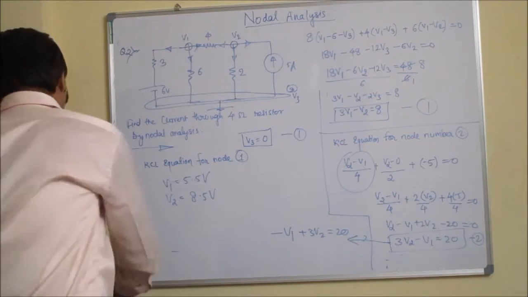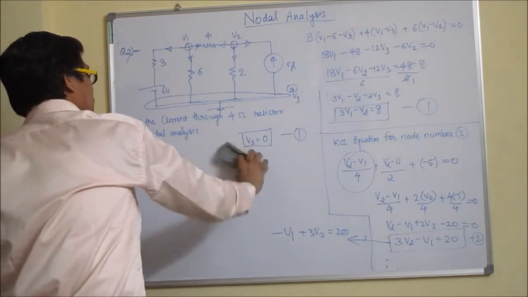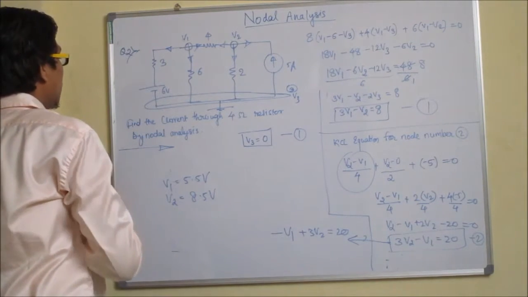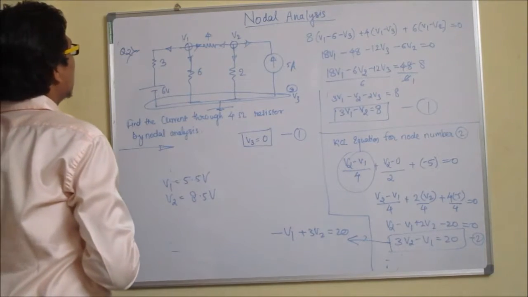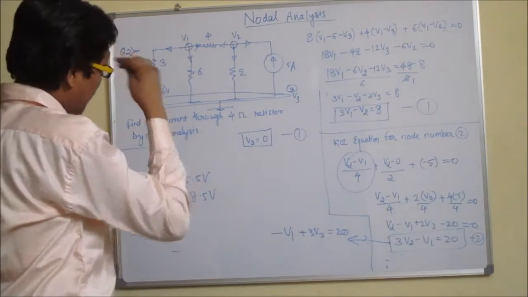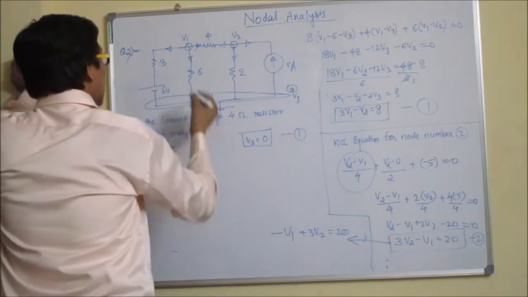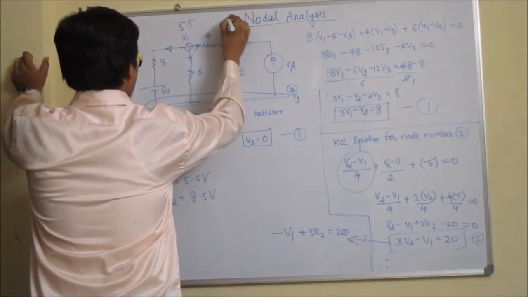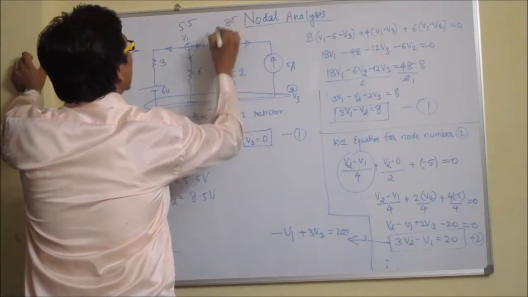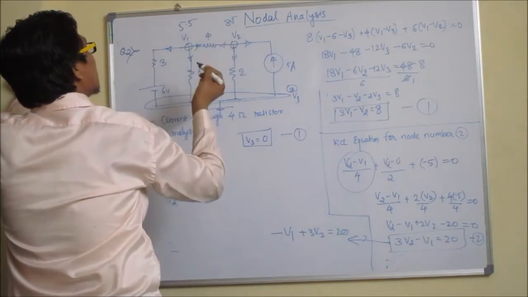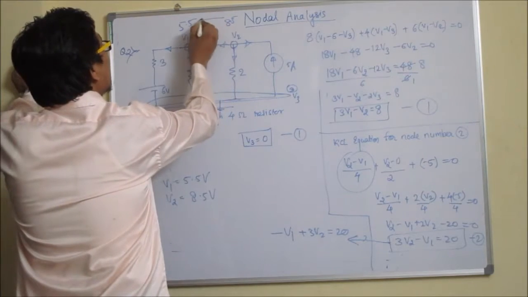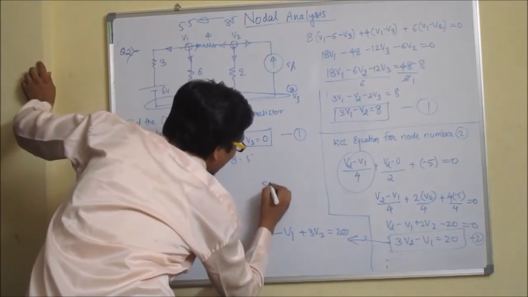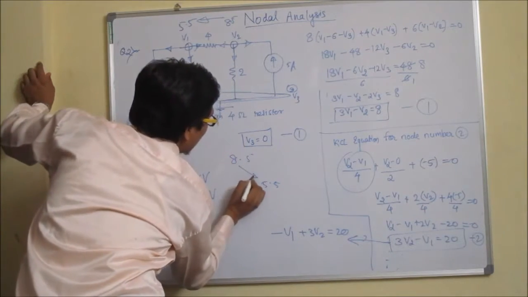Now, what we actually want, and this V3 is already equal to 0, is the current through the 4 ohm resistor. So, which voltage is more? Here, V1 is 5.5. Here, V2 is 8.5. Which is the greatest? V2 is the greatest. So current will flow from higher to low. So from 8.5 to 5.5, current will flow from here to here.